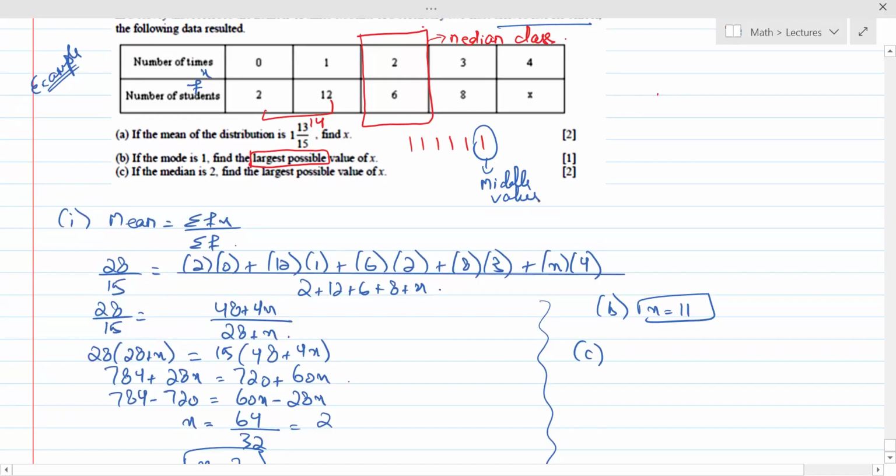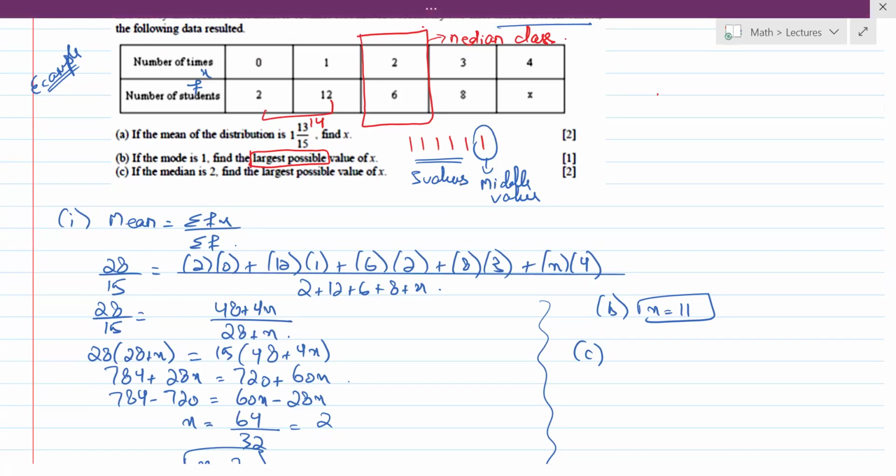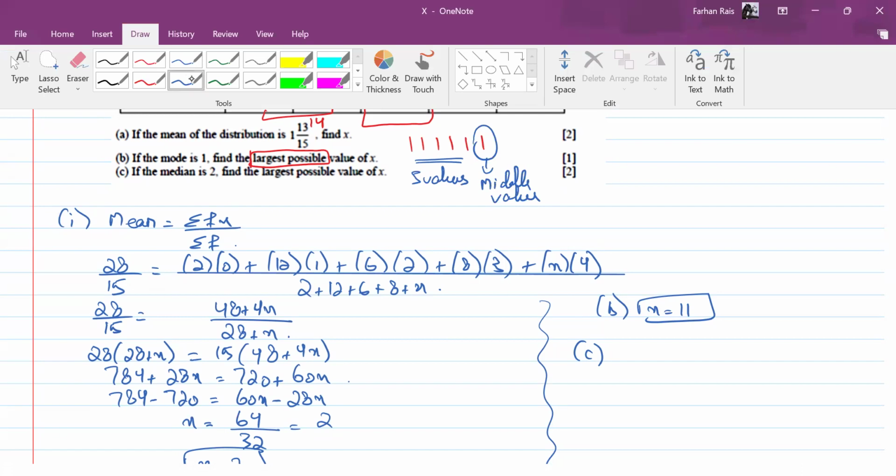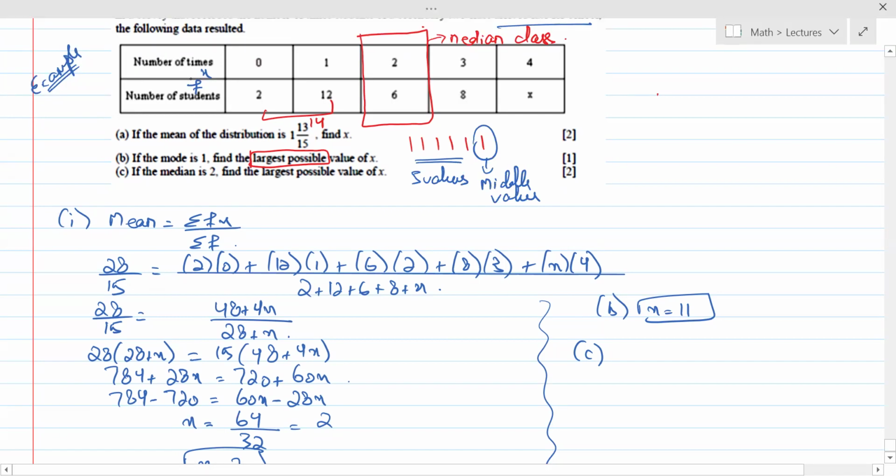And if this is the middle value, then the other values on the left of this middle value are 5 different values. So altogether, on the left of the middle value, we have 14 plus 5, that is 19. So eventually the median would be the 20th value for us.